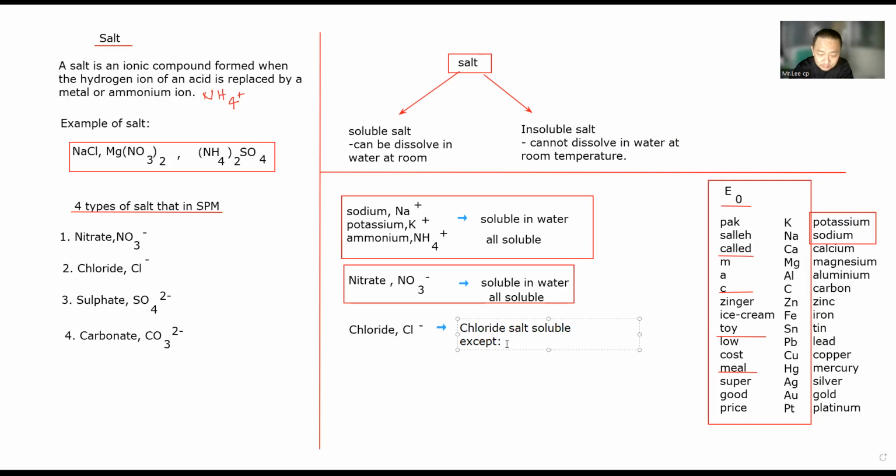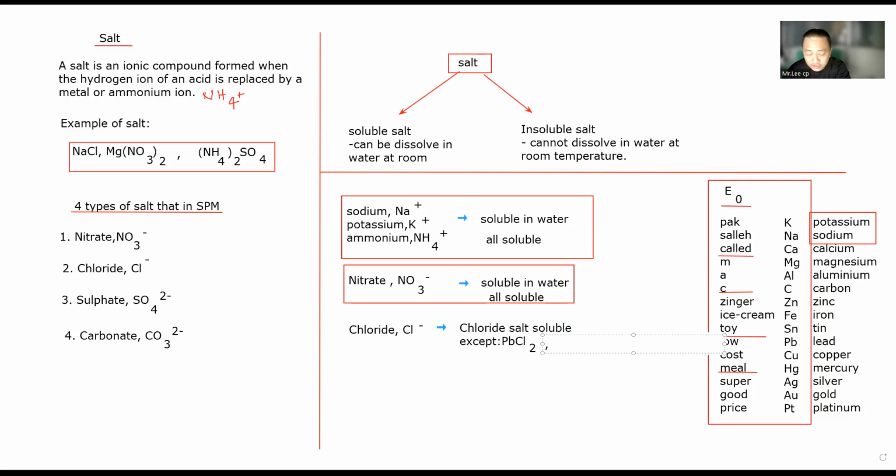So the first one is PbCl2. Pb stands for lead. Lead chloride is not soluble.